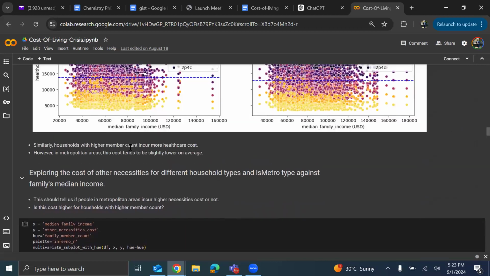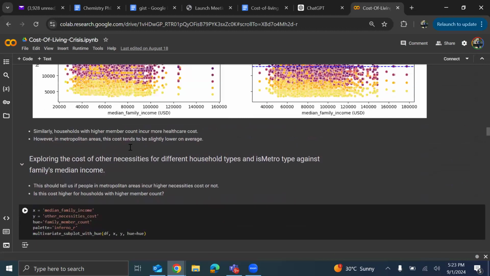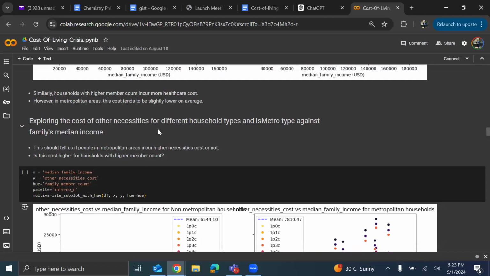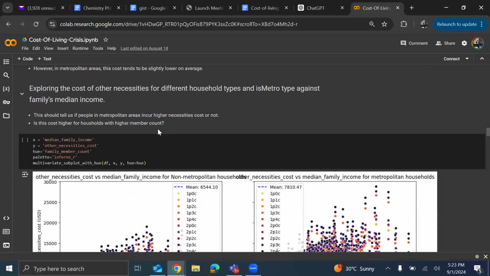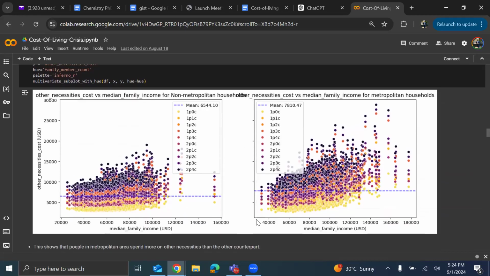I noticed that, explaining the cost of other necessities for different household types, you can see there's something called other necessity costs. On average, this blue line is like the mean.